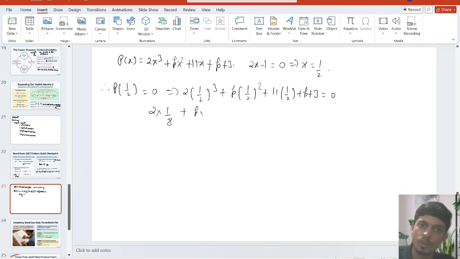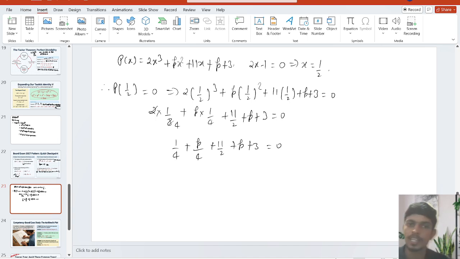Now p into 1 by 4 plus 11 by 2 plus p plus 3 is equal to 0. You can solve it as 2 fours are 8, it divides 4 times. Now 1 by 4 plus p by 4 plus 11 by 2 plus p plus 3.